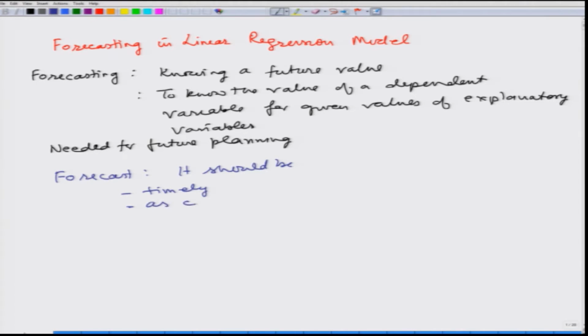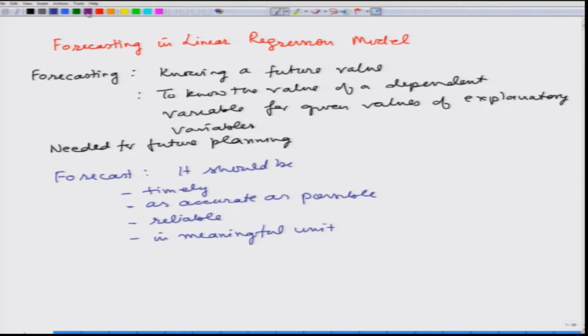It should be as accurate as possible. Thirdly, it should be reliable as far as possible, and it should be in some meaningful units, so that it can have a simple interpretation and can be understood by everyone.